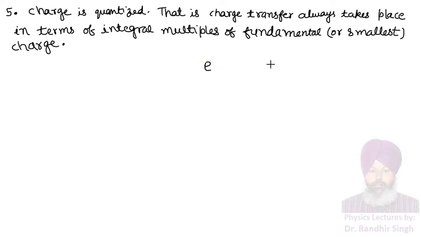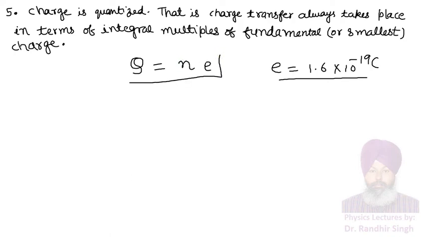That value of e is the magnitude of the charge on an electron, that is 1.6 × 10^-19 coulomb. You must remember this. Suppose a body has got charge Q from another body, then the charge Q must be an integral multiple of the smallest possible charge e, that is, the magnitude of the charge on the electron.